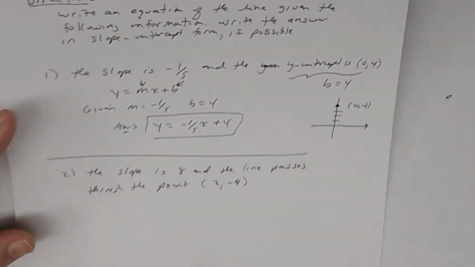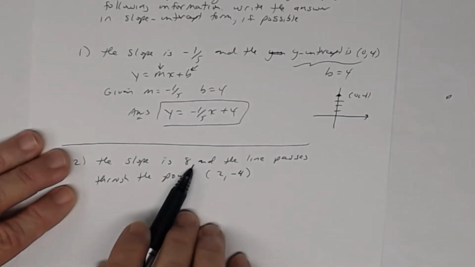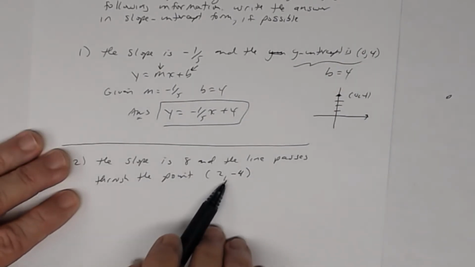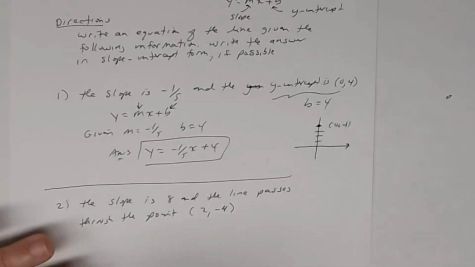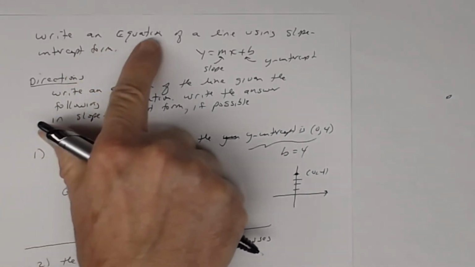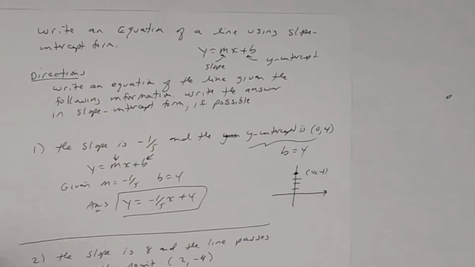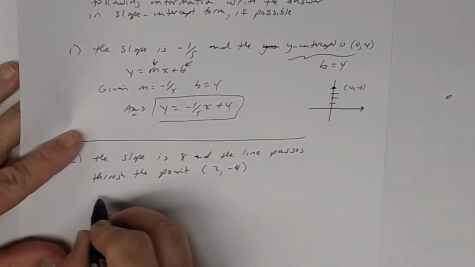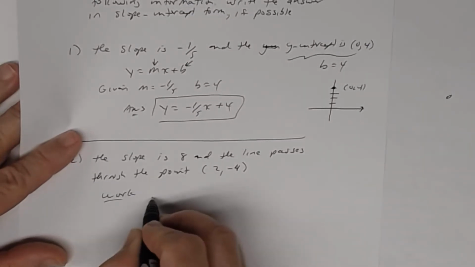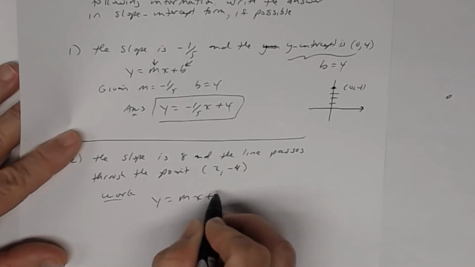All right, number 2. This time you're told the slope is 8 and the line passes through the point (2, -4). Remember what they said: you want to write an equation of a line using slope-intercept form. So here's your work, you must use y equals mx plus b.